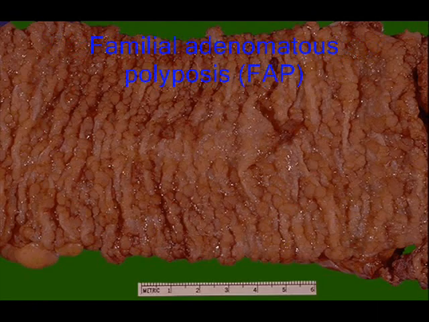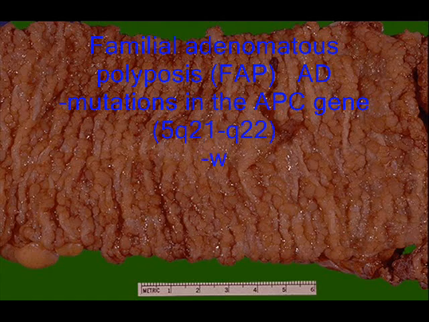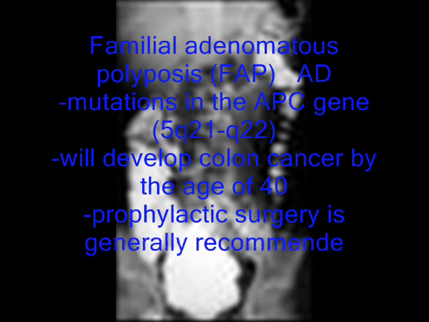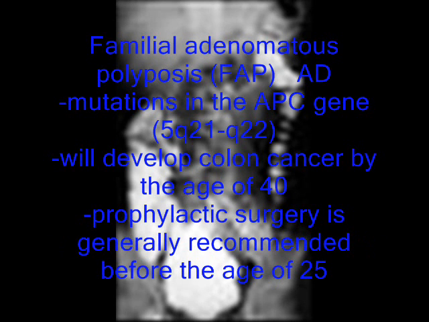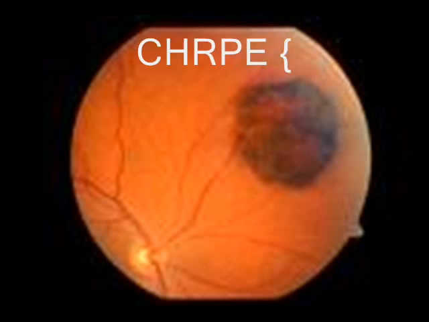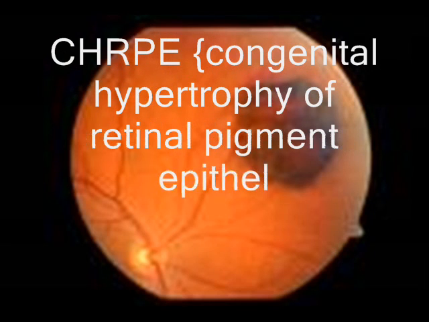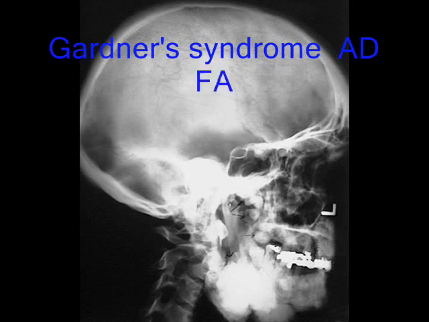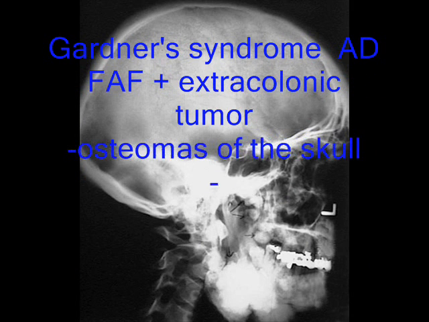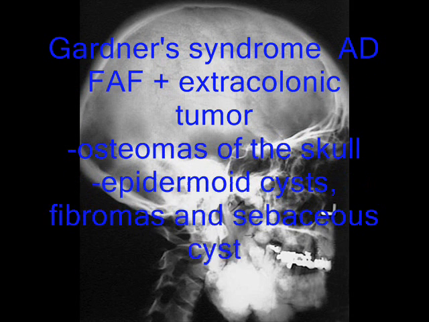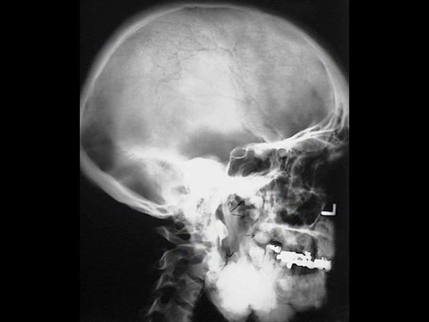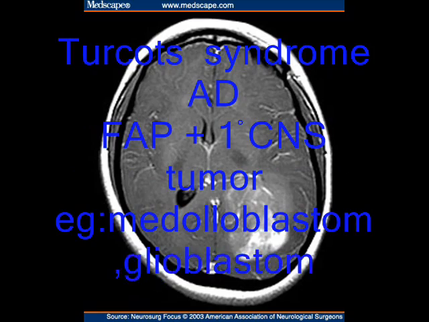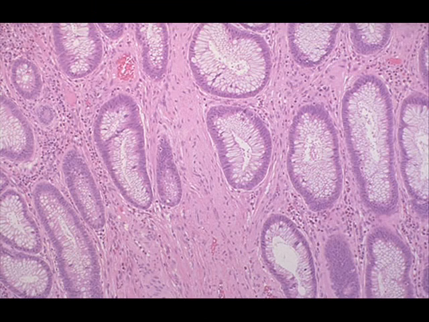A very important example is FAP, in which the patient carrying the disease will develop cancer by the age of 40, so prophylactic surgery is recommended. Presence of CHRPE is 100% predictive for the presence of FAP. Gardner syndrome is FAP plus extracolonic tumors. On the other hand, Turcot syndrome is FAP plus primary CNS tumors.